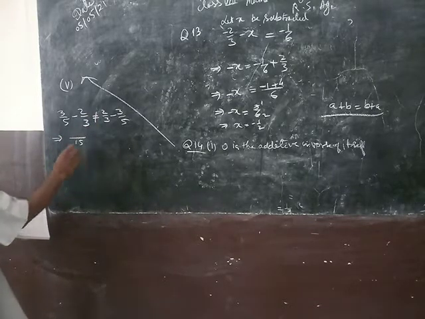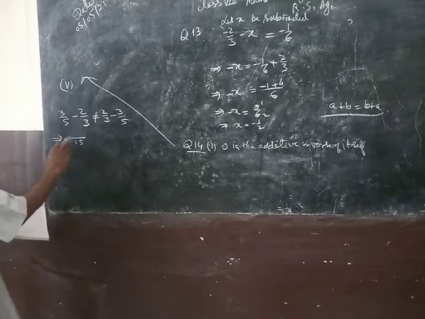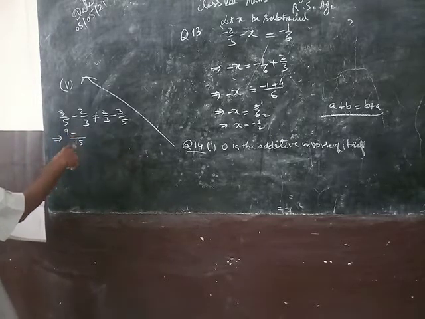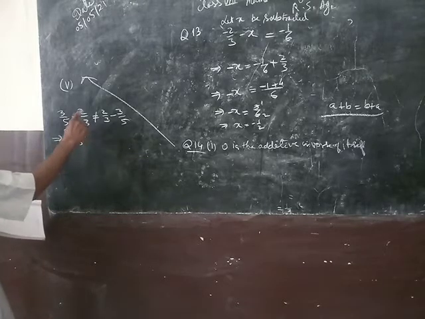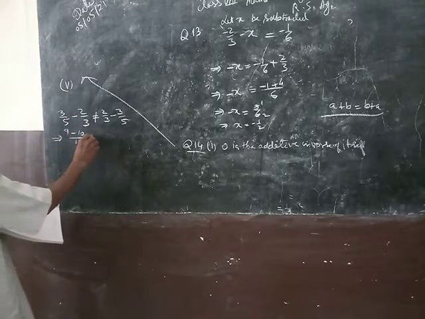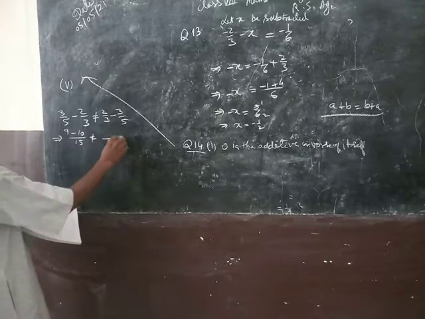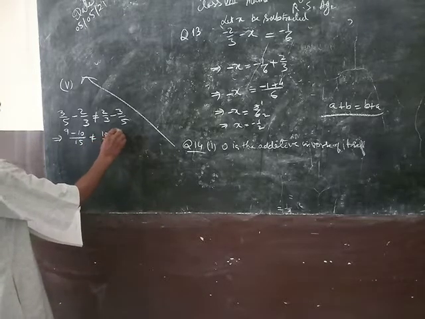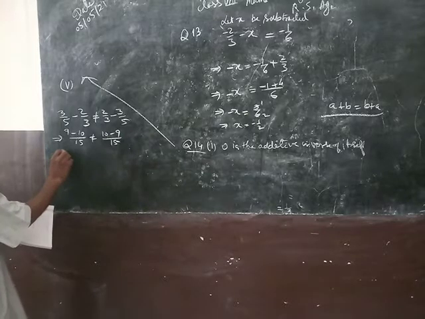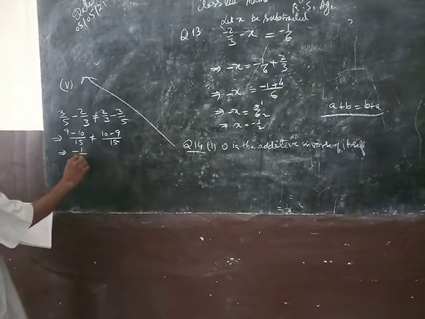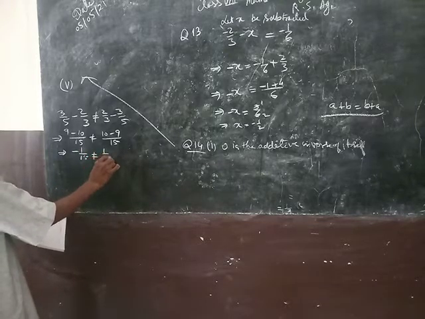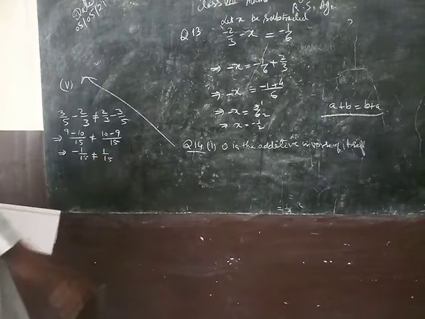Here the LCM of the left hand side is 15, 5 3s are 15, 3 3s are 9, minus 3 5s are 15, 2 5s are 10. Here is 10 minus 9. Similarly, here comes minus 1 upon 15 and it will never be equal to 1 upon 15, because one is negative, the other is positive.